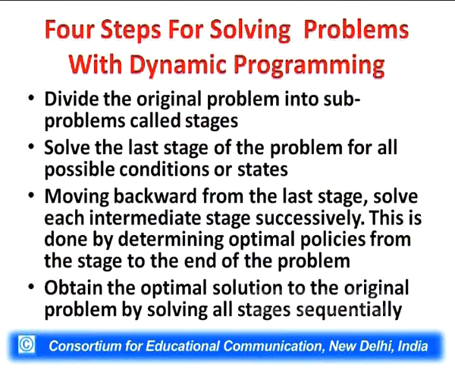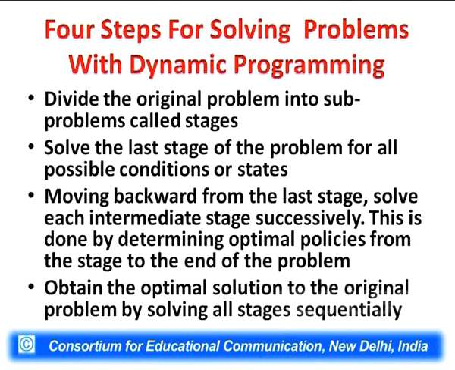Now, the last step, the fourth step in the process of solving a problem, is to obtain the optimal solution to the original problem by solving all stages sequentially. First, we have made the sequence, the chain of stages, we have identified the last stage, we are working on the solution of the last stage, and we are moving backward.